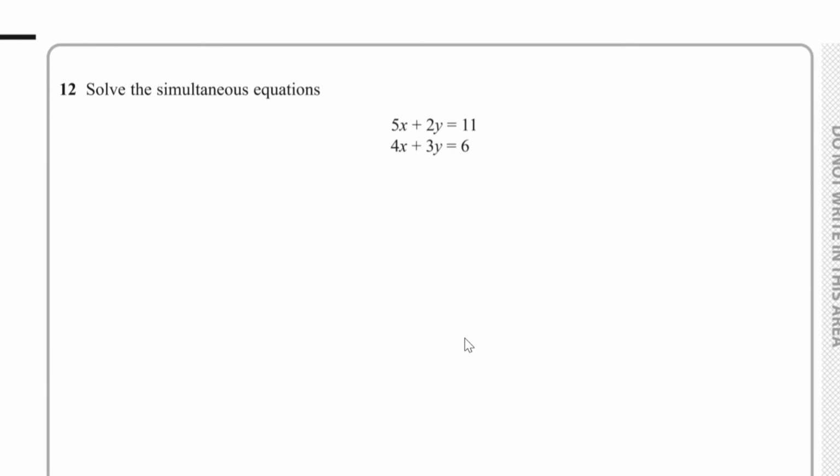Question number 12. We have to solve the simultaneous equations 5x plus 2y equals 11 with 4x plus 3y equals 6.